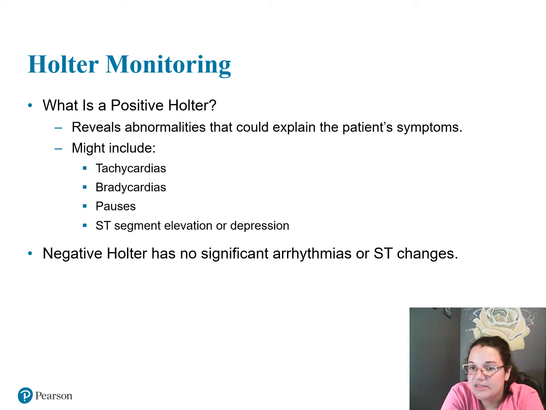It might include a tachycardia, bradycardia, pauses, ST segment elevation, or depression. A negative Holter has no significant arrhythmias or ST changes. So even though my patient says she felt faint twice yesterday and she pressed the button on the Holter monitor, her heart is showing normal. So therefore it was a negative Holter, meaning there was no arrhythmias.